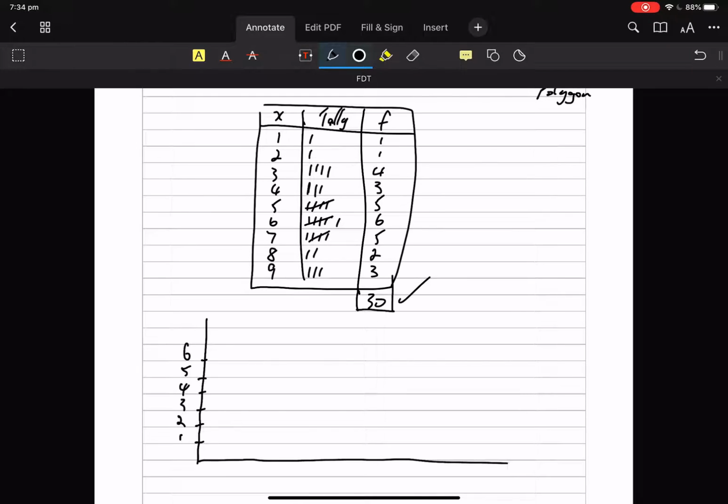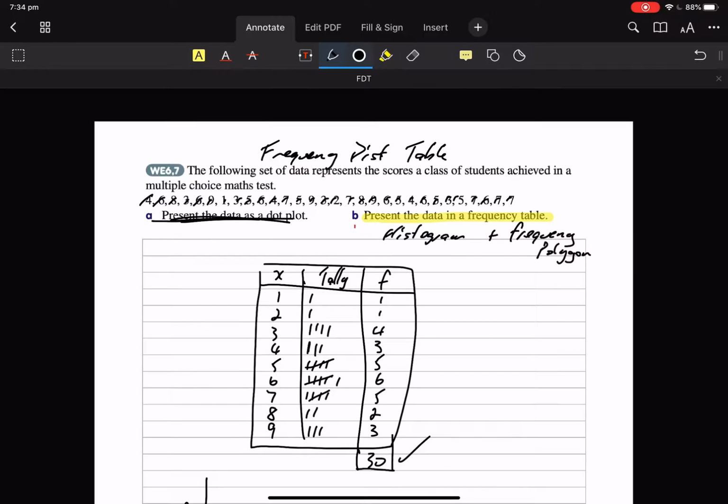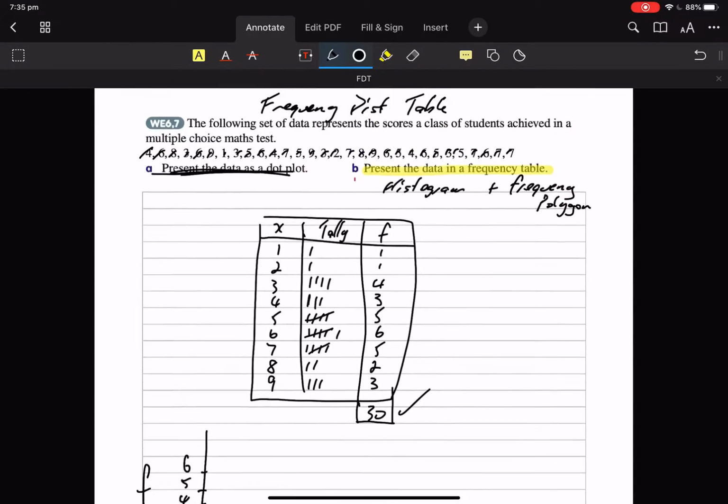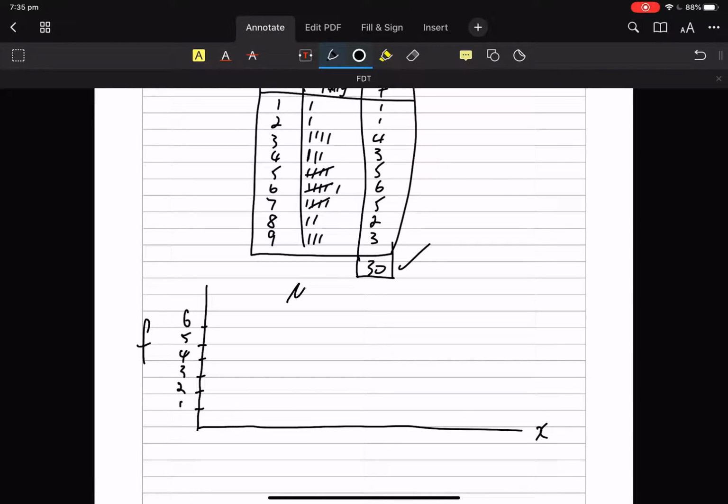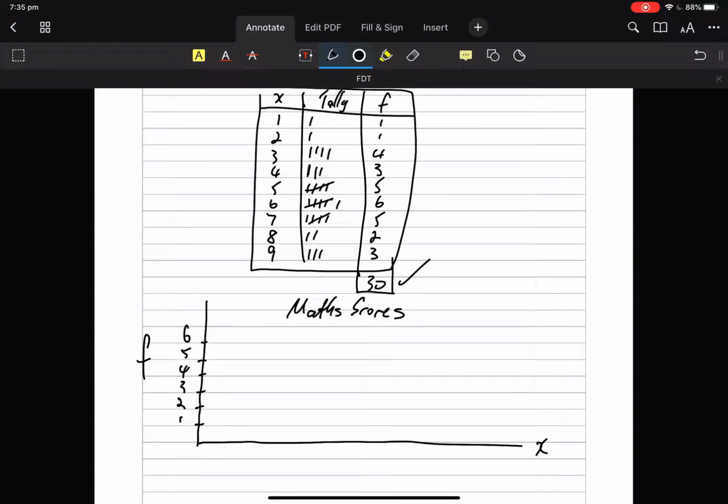And then I'm going to go along here. And this is my data, and this is my frequency. So we'll label it. What was this? Following data sets, scores of a class. So let's call it maths scores. We need 9 bins because there's 9 numbers.